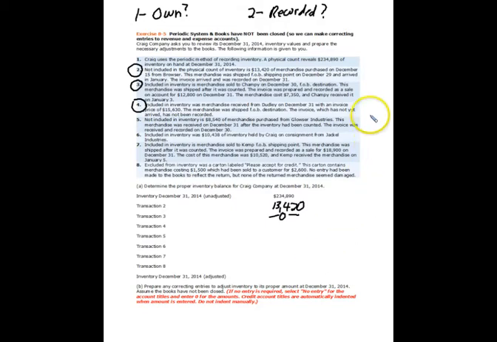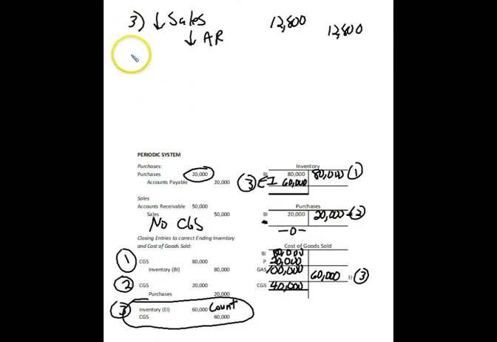So for number 4, the goods have been included in ending inventory, so we don't need to make any adjustment here, but the purchase has not been recorded. So we need to go over and make a journal entry, record our purchase, and an increase to accounts payable, $15,630.